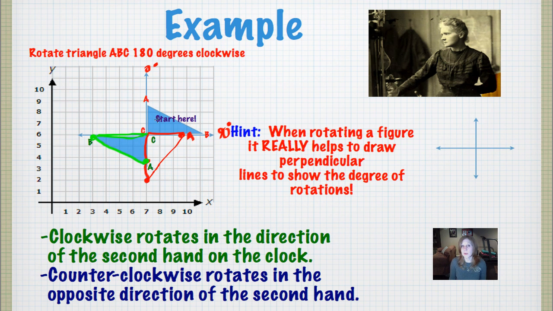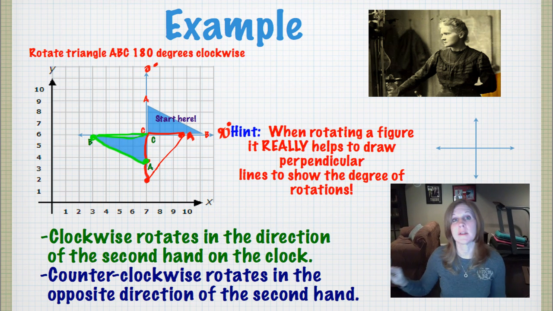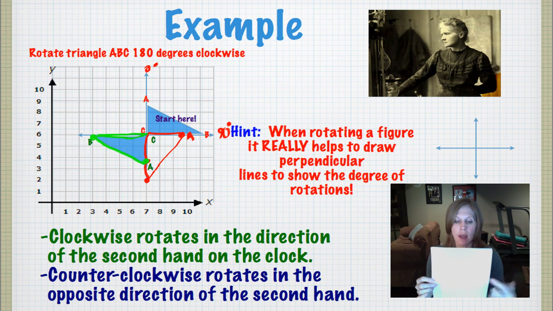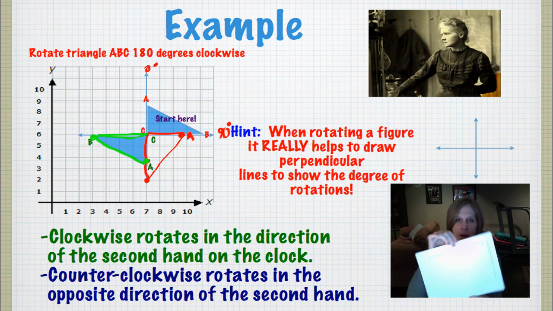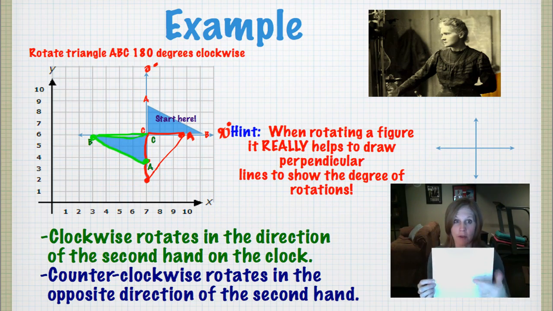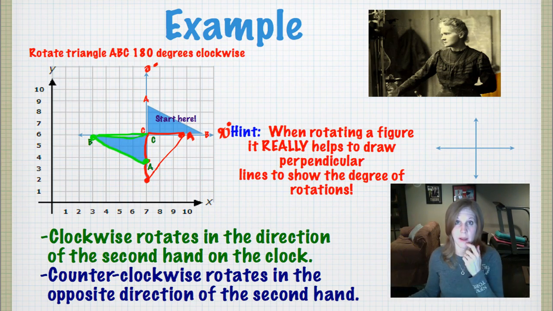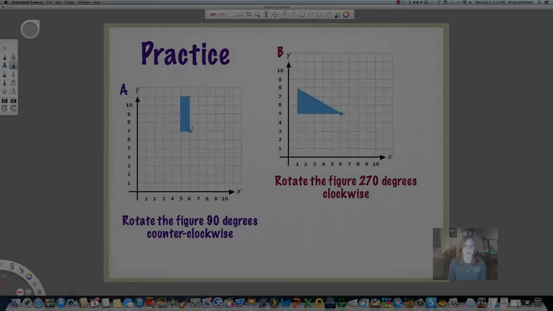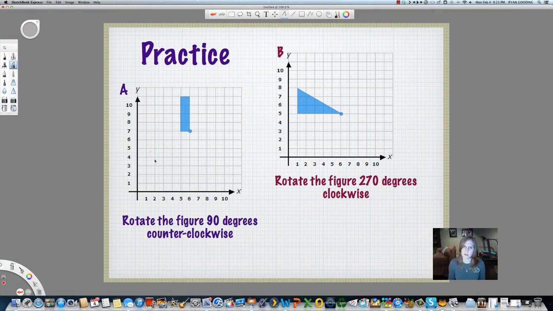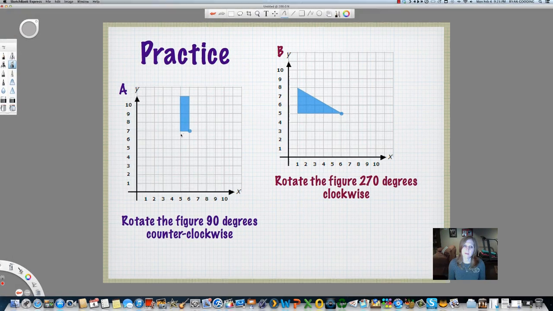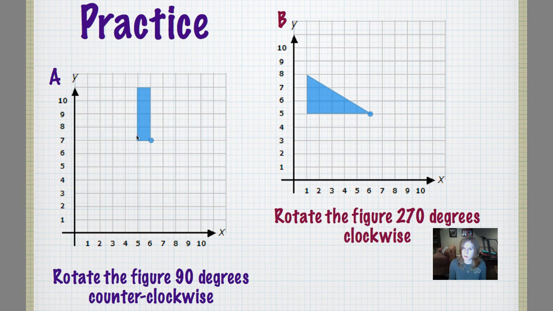So really, if you have a piece of grid paper on a test and you had your shape right here, if you turn your paper clockwise 90 degrees and then clockwise 180 degrees, however that shape now looks, that's what your shape should look like on your grid. So we're going to do this figure first. I want you to rotate this figure 90 degrees counterclockwise.